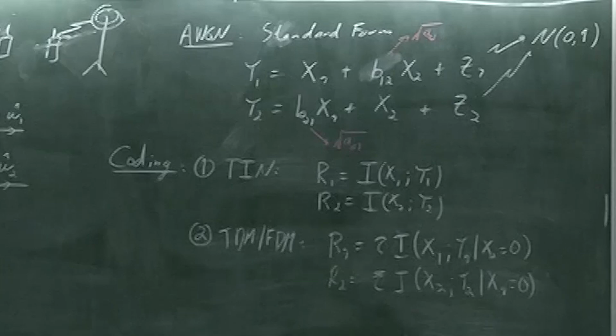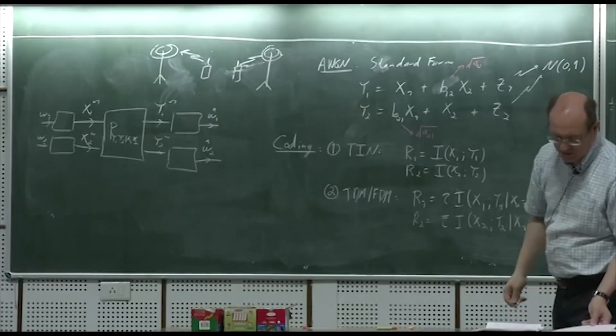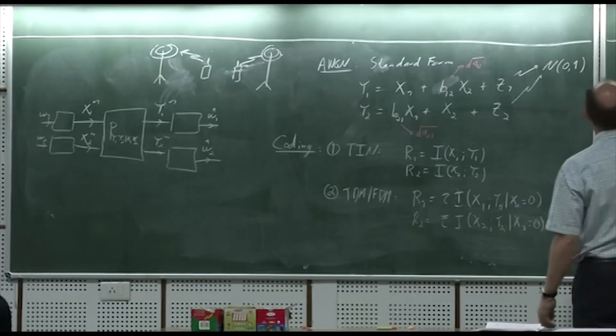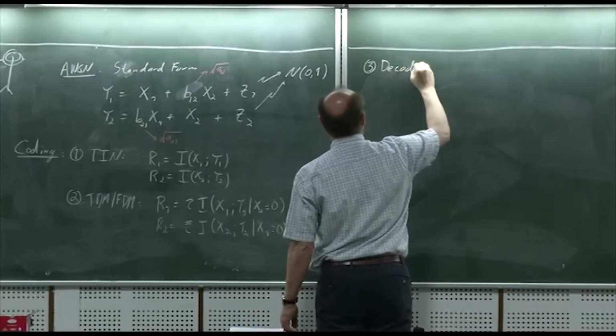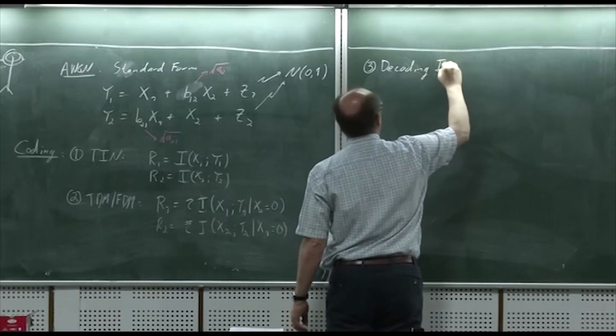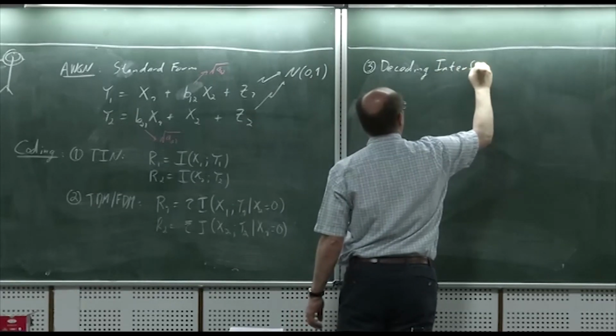The third strategy was decoding the interference. So suppose both users decode the interference.